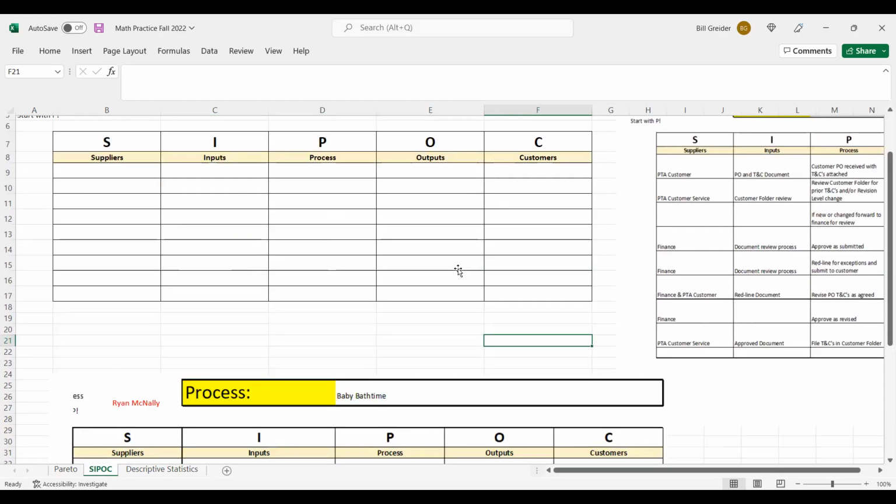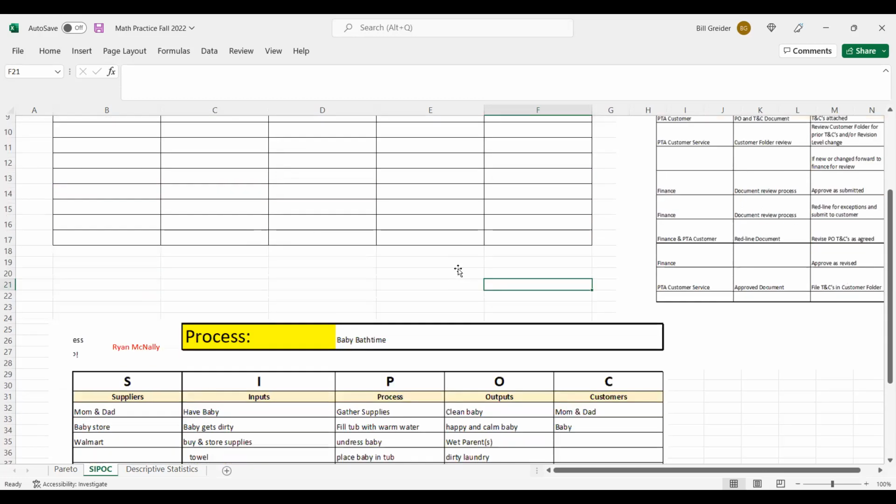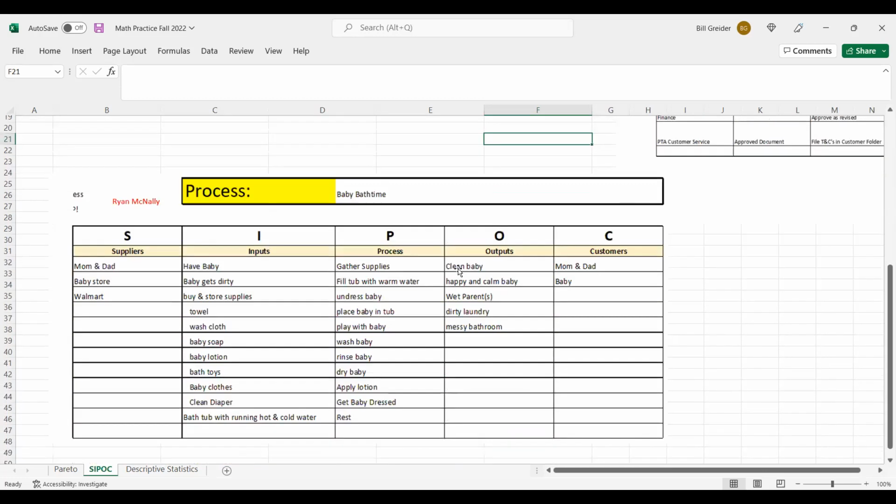I want to just show a couple. One is Ryan McNally's. I don't know if Ryan's on. Baby bath time, in terms of starting with the P, you could actually take the steps of the process map and list those process steps using the map.